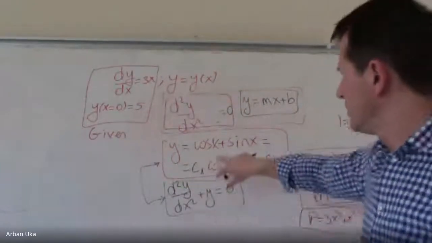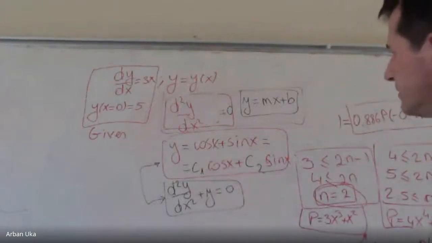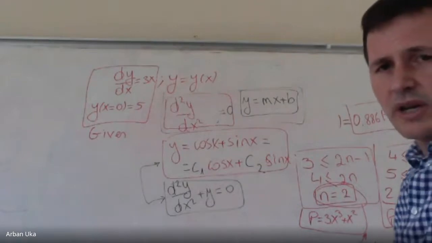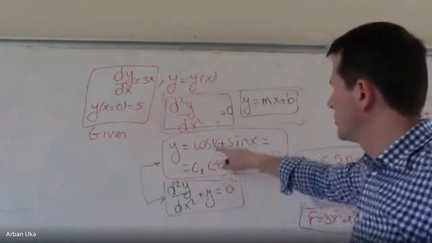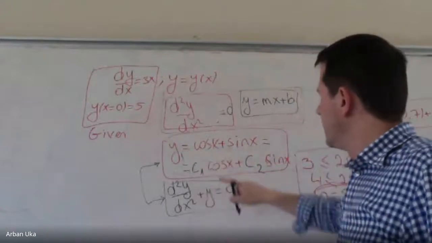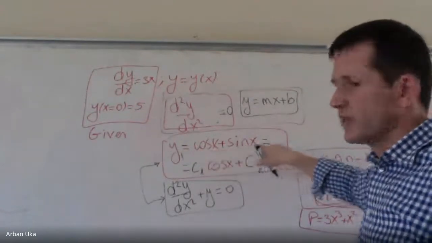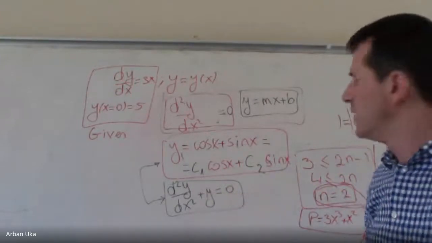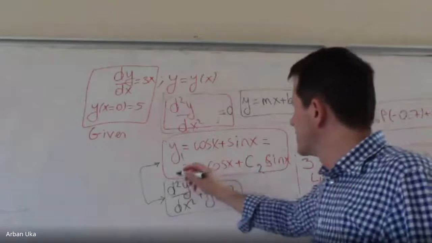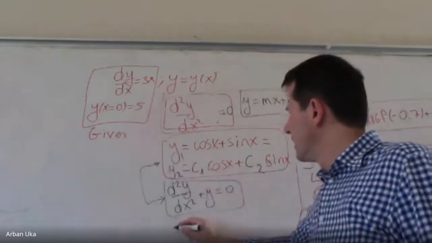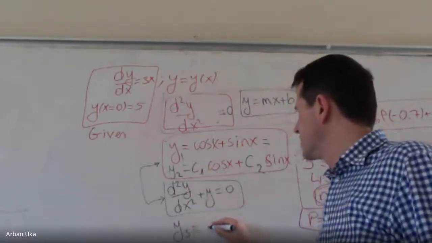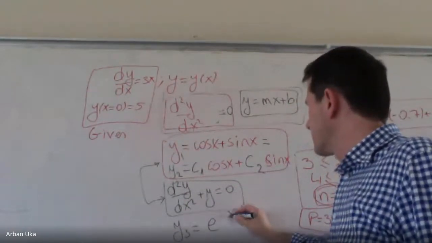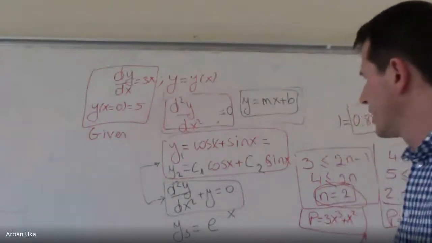Okay, so now, yeah, this is a good pair actually. So now this is also an exercise for you. You get pen and paper and confirm whether I'm correct or not. Let this be y1, and you can try the first expression, which is cosine x plus sine x. Insert this one in here and see if the equation is satisfied. Then you can try the second one, so this is y2. And you can also try this y3, which is equal to e to the power minus x. For example, what do you think?